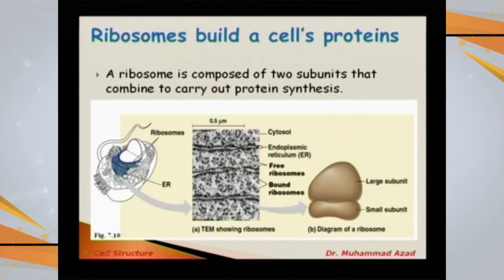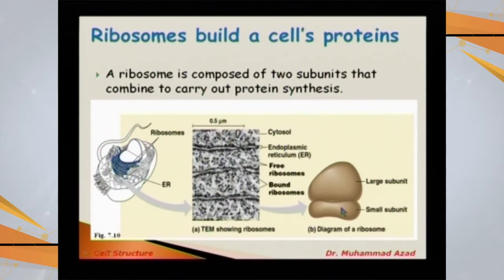Another view of the ribosome: ribosomes are basically made up of two subunits, one large and one small. That is why ribosomes are also called dimers.